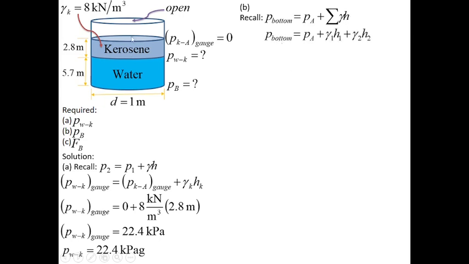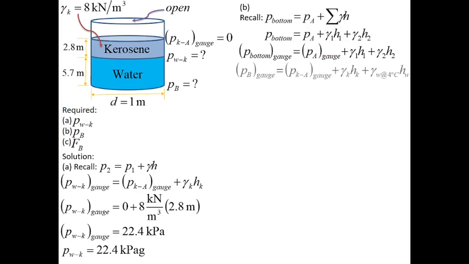Now, since we have three fluids involved, air, kerosene, and water, we have air pressure, plus unit weight of kerosene times the height of kerosene, plus unit weight of water times the height of water. Okay? And we consider them to be in gauge. So pressure at the bottom, gauge.